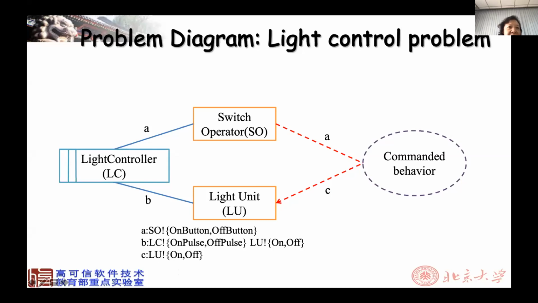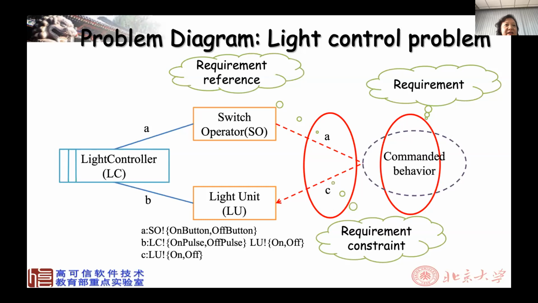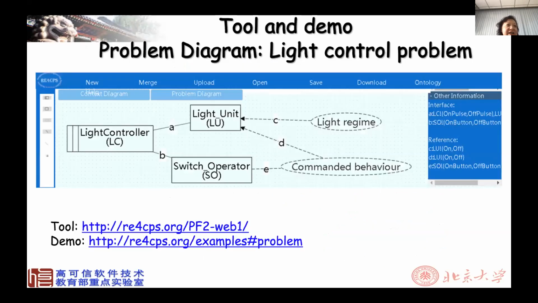That means they ask for the light unit to be in the on state or the off state. So this is the interface between the requirements and the problem domains. That is called the commanded behavior. This is the requirement reference and requirement constraint.